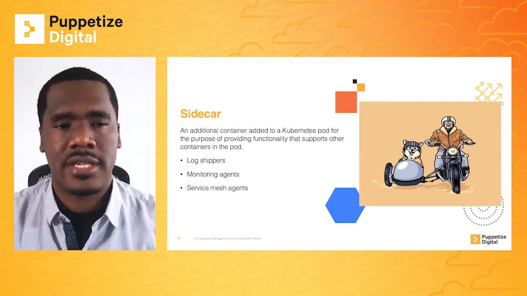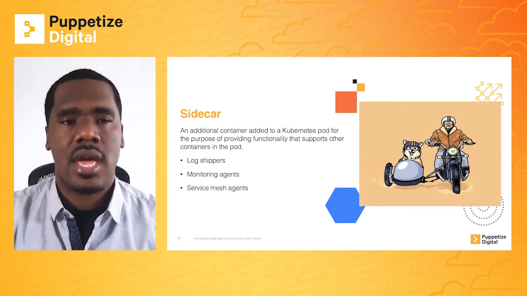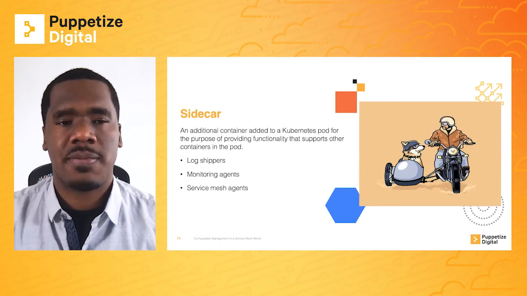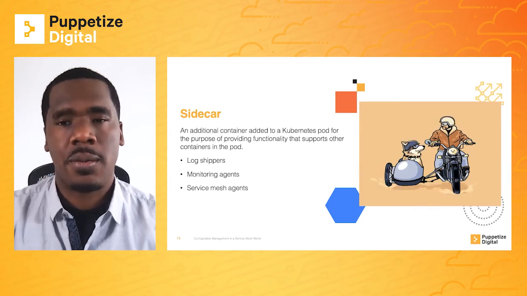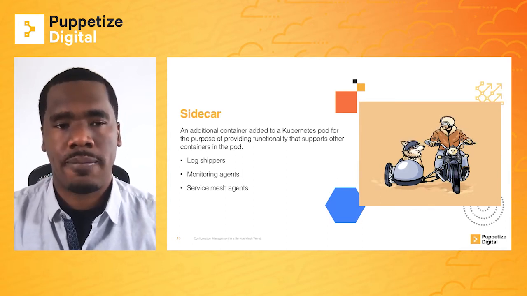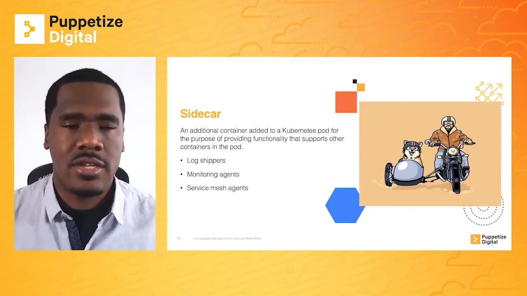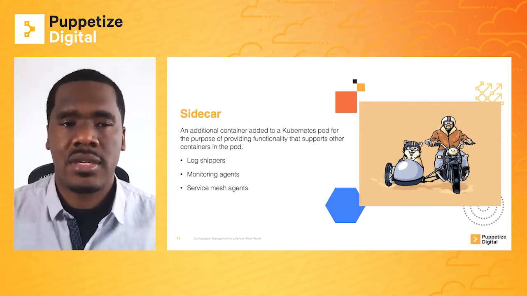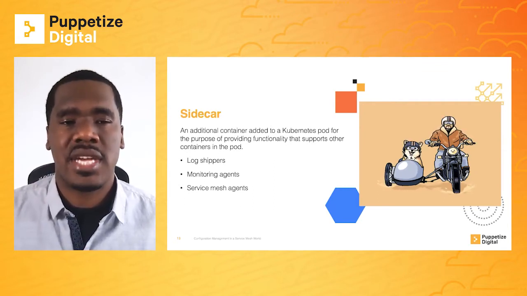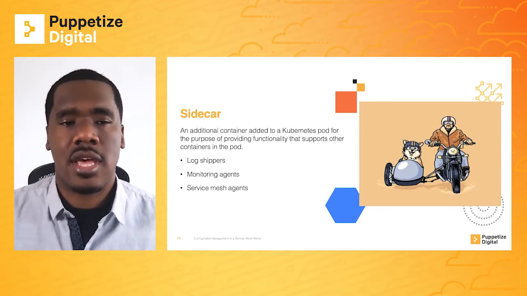Similar with monitoring agents, and very similar with service mesh agents. And so what it does is provide the capability we want from a data plane perspective, running in tandem with the actual primary workload. And so from a pod perspective, you have at least two containers running in the pod. One is the primary application, and then one is the service mesh agent. And typically, it's just simply referred to as a proxy.